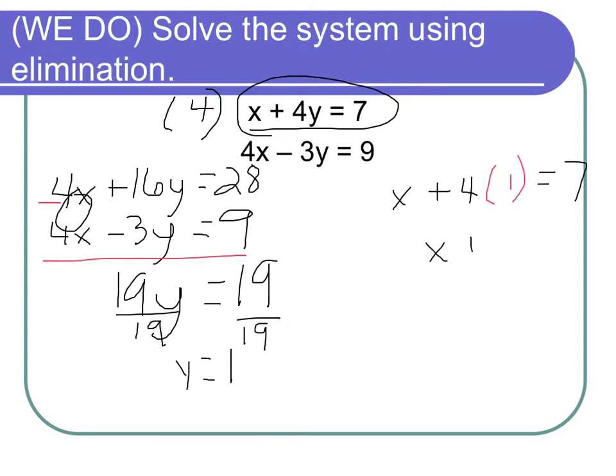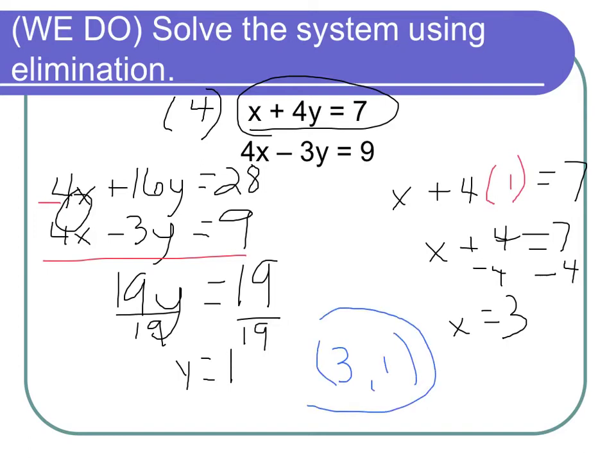So x plus 4 is equal to 7. If I subtract 4 from both sides, I get x is equal to 3. Now I have both terms, so (3, 1). This is the point of intersection.